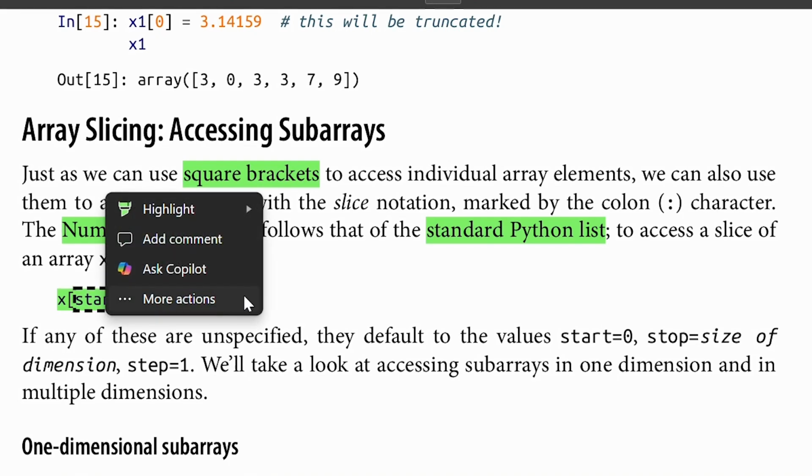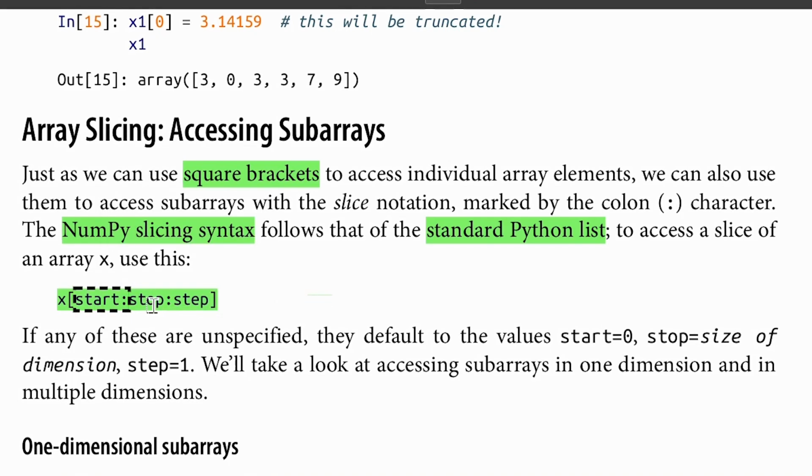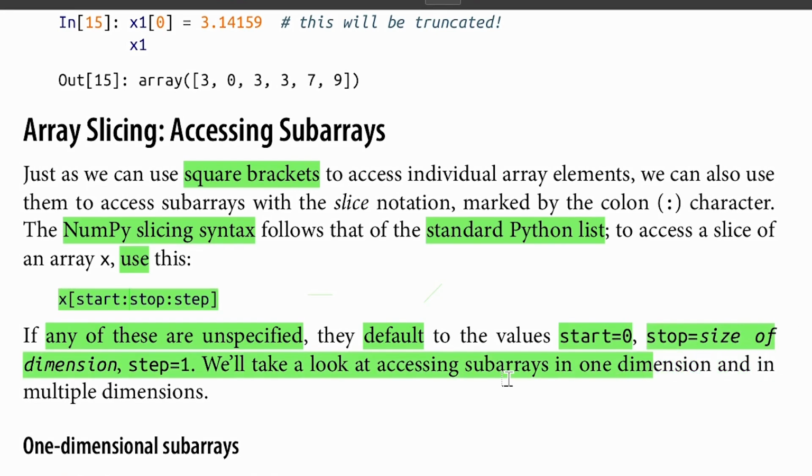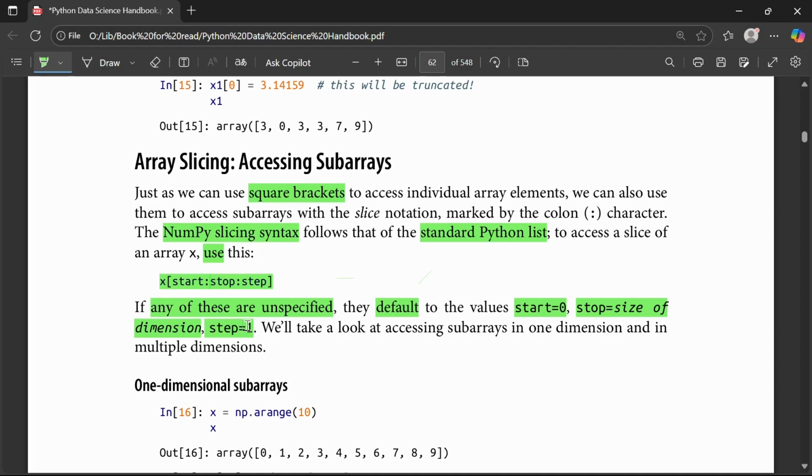Start is where our slice is going to start from. Stop is where our slice is going to end. But what I need to point out is this: if there is any value not specified between these 3 values, start, stop, and step, by default it assigns start to 0 and stop to the size of that array with its dimension, and step is by default set to 1.